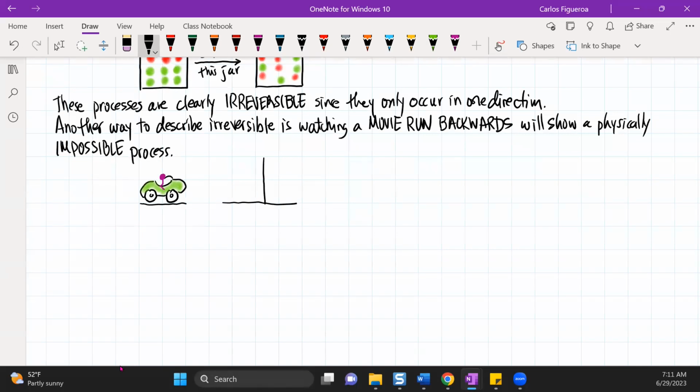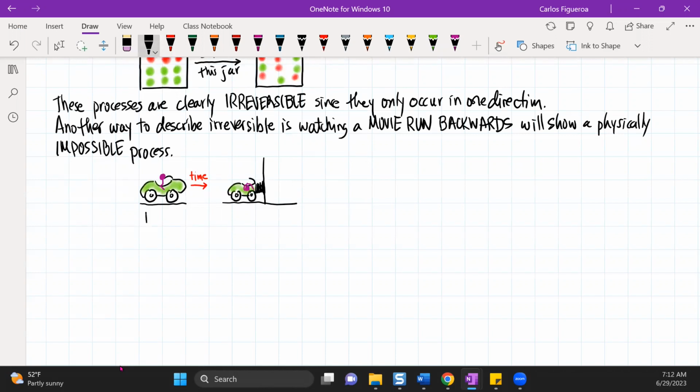In this direction, this is the direction of time. So time goes like this. So then the car crashes into the wall. And now the car has smashed into the wall. And then this person, well, I guess has died in the car crash.